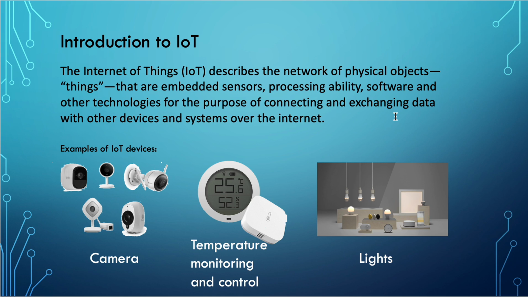That is one way to look at it. So let's look at the definition one more time. The Internet of Things describes the network of physical objects, in this case things that have embedded sensors, processing ability, software and other technologies, for the purpose of connecting and exchanging data with other devices and systems over the internet.